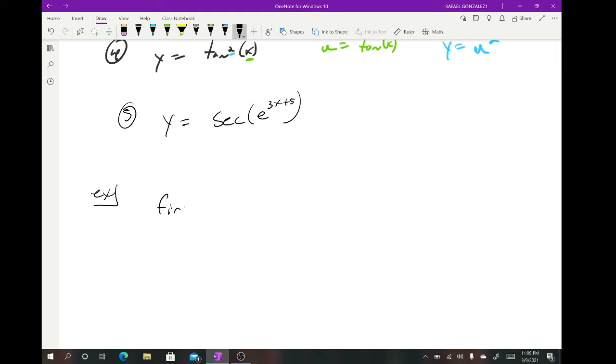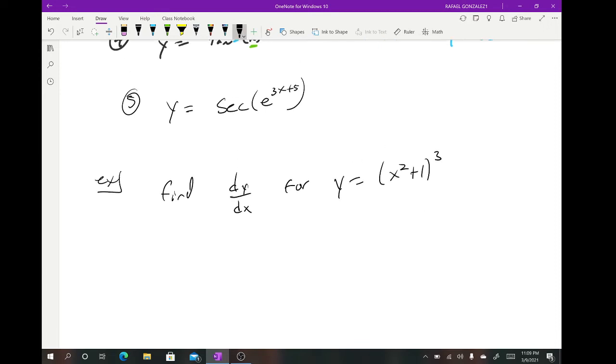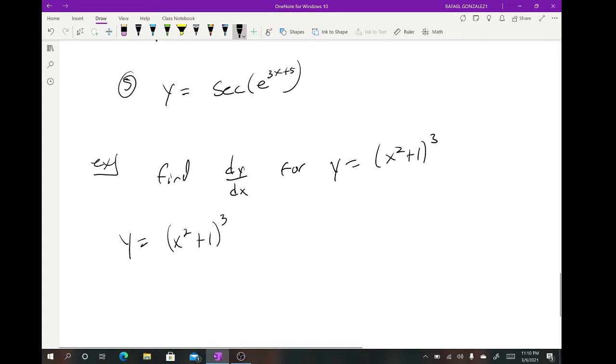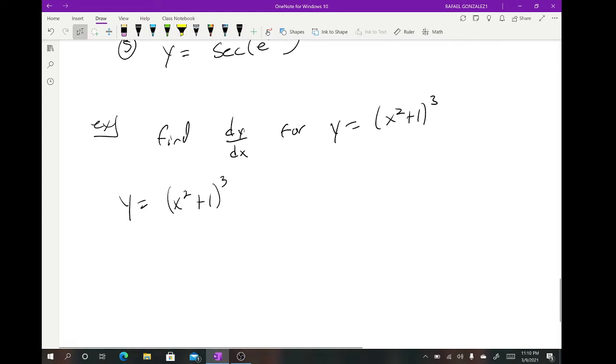So let's find the derivative of y with respect to x for y equals x squared plus 1, cubed. So here, the trick is to first identify what u is, meaning what your inner function is and what your outer function is, and then proceed with the actual chain rule.